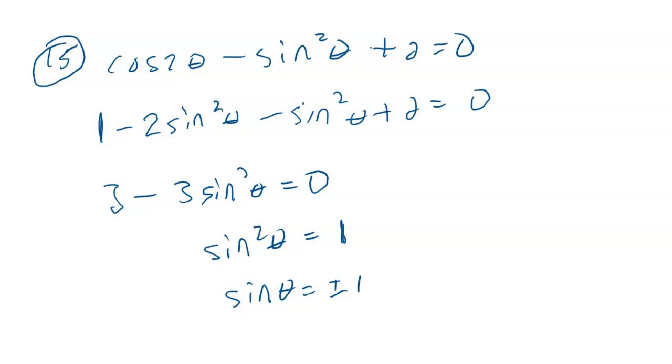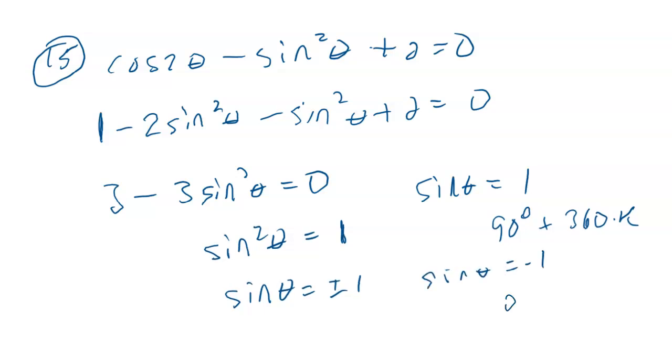Okay, I like their answer on that one. Obviously sine theta equal to 1 is going to happen at 90 degrees plus 360 degrees times k. And sine theta equal to -1 at 270 degrees plus 360 degrees times k. That's how often it'll happen.